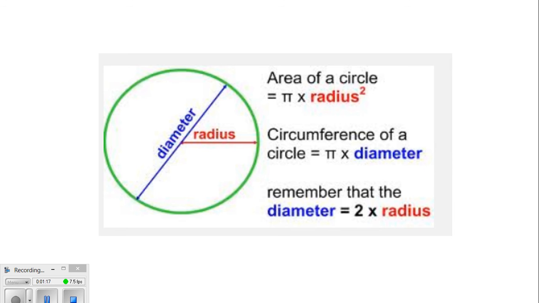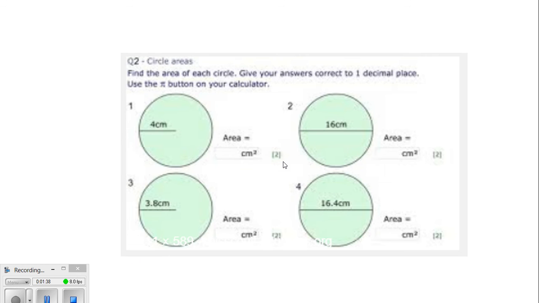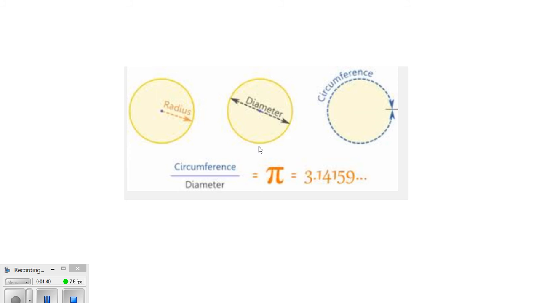One thing of interest, we know that radius is half the diameter. The way in which pi was determined was to measure the distance around the circle, the circumference, and dividing that by the diameter will give pi. It doesn't matter the size of the circle, because it's a ratio.